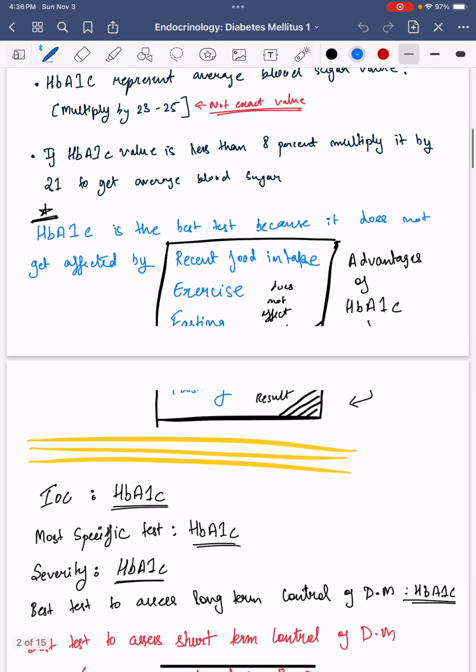HbA1c is also the best test because it does not get affected by any recent events, like any recent food intake, any exercise, or fasting. These three do not affect the results of the HbA1c value. That is why HbA1c is considered the best test, because it cannot be affected easily.